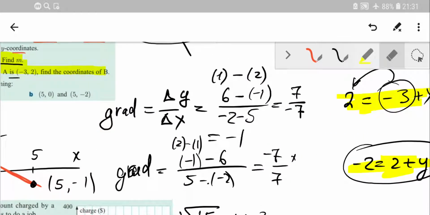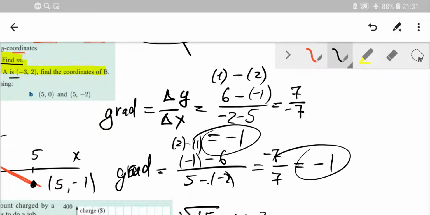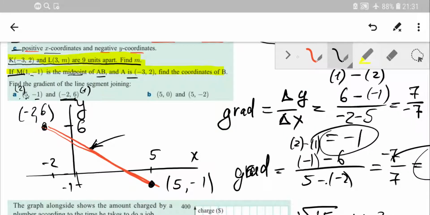So anyway, you'll have -1 as well. So you see, the method you apply to find the gradient does not depend on whether you're subtracting coordinates from this point or that point. It works the same, and the final answer should obviously be identical.